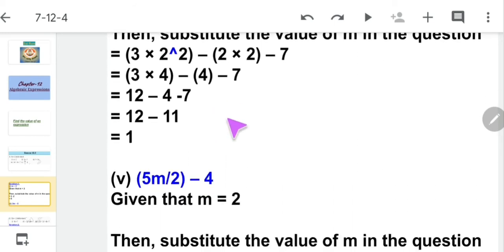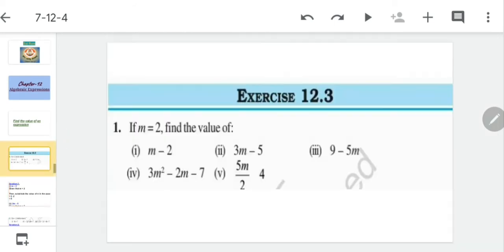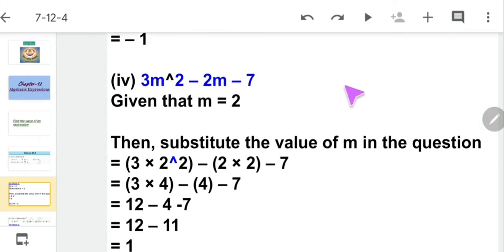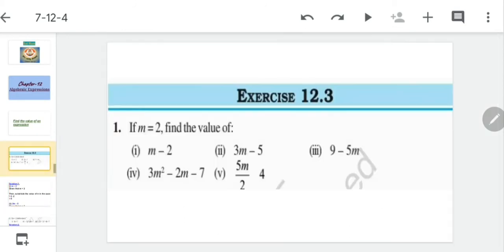Okay. Let's see the last part, in which we have 5m upon 2. That means we have to place 2 in place of m. Then we have 2 in its denominator, and we have a minus sign over here. It is misprinted, so it should be minus here.